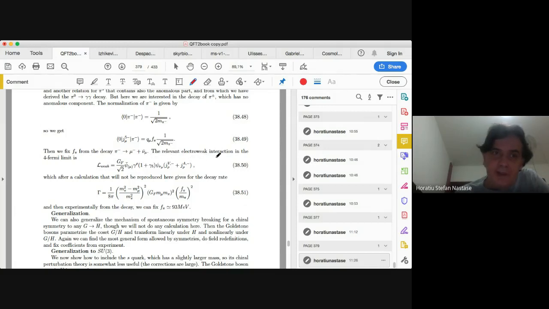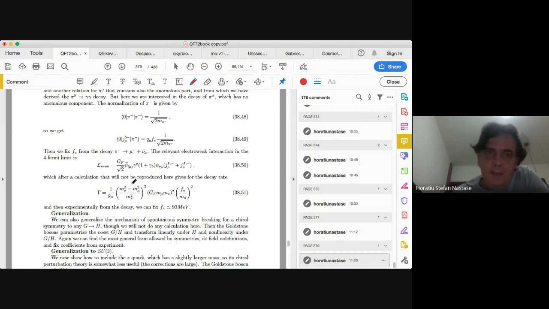The electroweak interaction in the Fermi limit that gives this decay is psi bar mu gamma 1 plus gamma 5 psi nu mu, times the current J rho, component vector minus plus component axial vector minus, with coefficient the Fermi constant over square root 2.